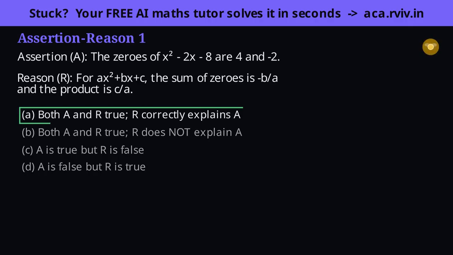Their sum, 4 plus minus 2, is 2, which equals minus b over a. Their product, minus 8, equals c over a. So the reason isn't just true alongside the assertion, it's the very rule that generates it. That's why it's option A, both true, and the reason is the correct explanation.